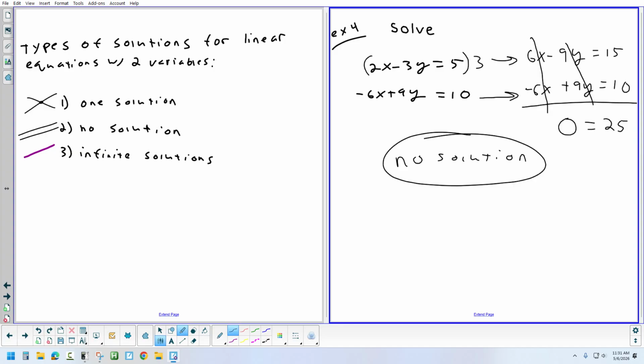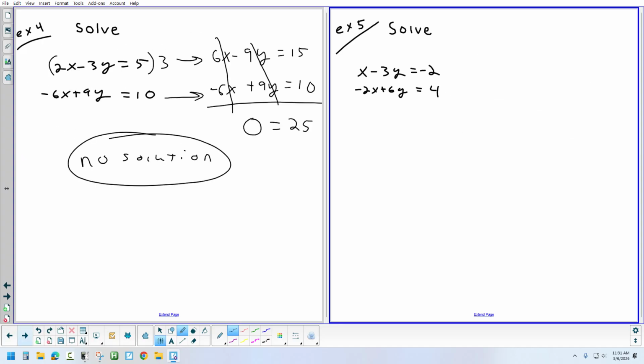All right, so that's example 4. And let's look at example 5. Sarah, what letter do you want to try to eliminate in this one? X, okay. What equation would you multiply, and what number would you multiply by to do that? Okay, so let's multiply the first equation by 2.